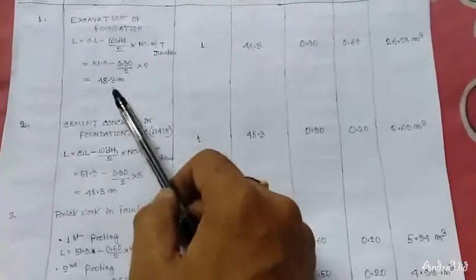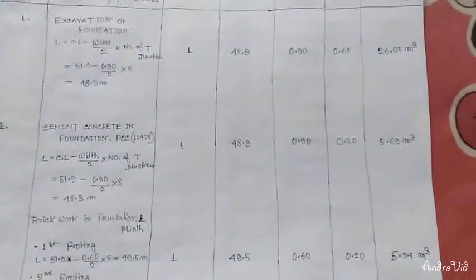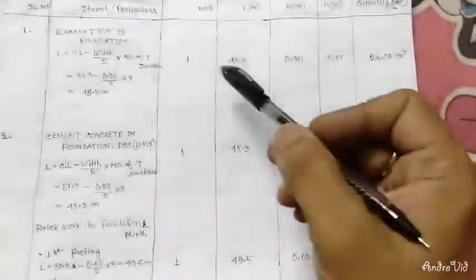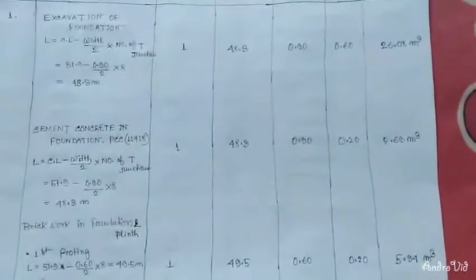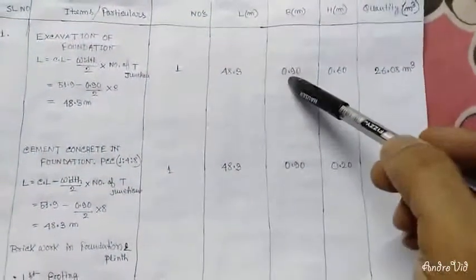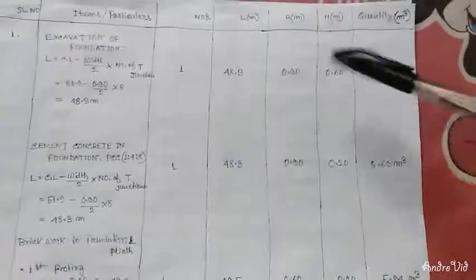This is 48.3. Number will be 1, because we are considering the whole plan length as the length of the center line. So the length will be 48.3, the width is 0.90, and the height is 0.60.